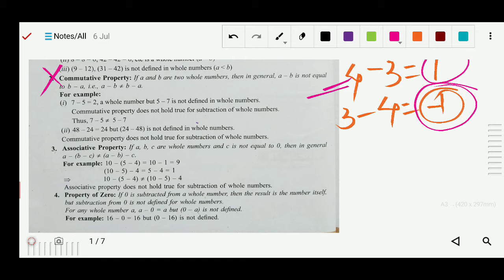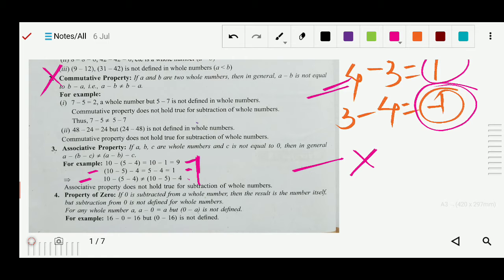In the commutative property we are swapping, changing the order. But in the associative case, we are making groups. If we make the groups and solve, you can see in this example the answer is not the same. So this property is again not followed.